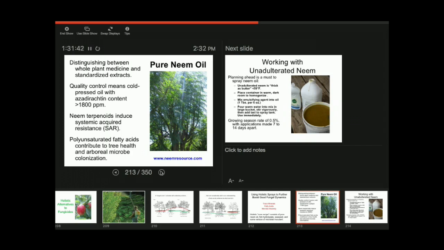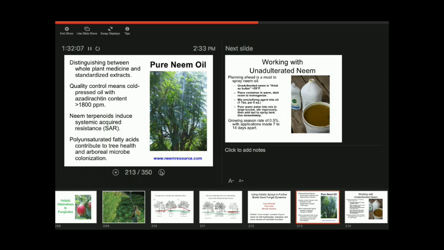I happen to get my neem from a woman in Minnesota who has that business, neemresource.com. And I'm talking here about pure, 100% unadulterated, unprocessed neem, because I want those fatty acids. So you'll see in organic catalogs or even in the local Agway store neem products, but they're neem extracts.